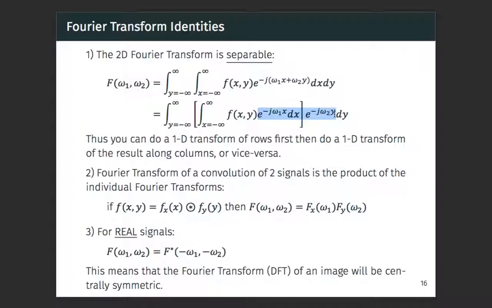So I can separate out all the terms that depend on x as one integral in x, and have the terms in y outside of that. There's nothing really fancy here, but the important point is that this expression is just the Fourier transform along the x-axis.